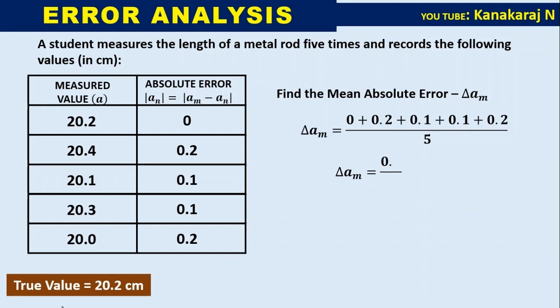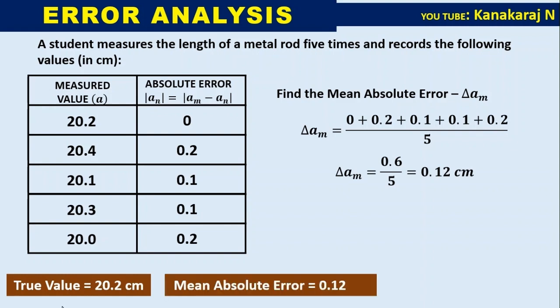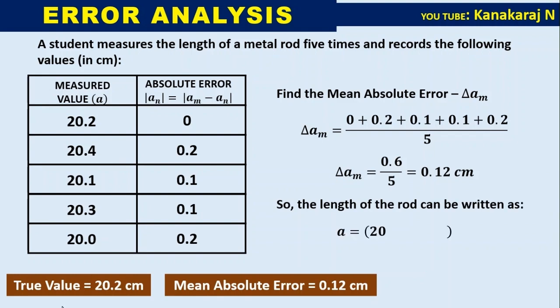The numerator gives 0.6 divided by 5. So the answer is 0.12 centimeter, the mean absolute error. So the length of the metal rod lies between A equals 20.2 plus or minus 0.12 centimeter.